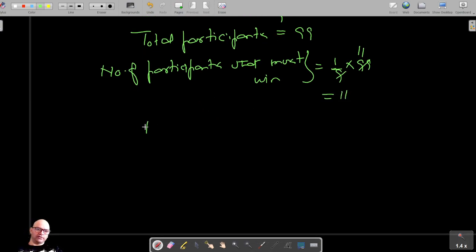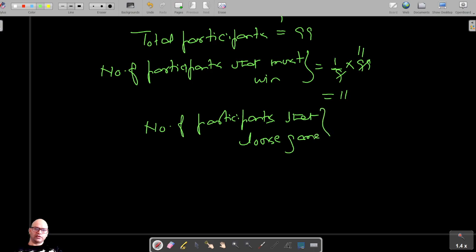Now the number of participants that lose the game will be 99 minus 11, which is 88.